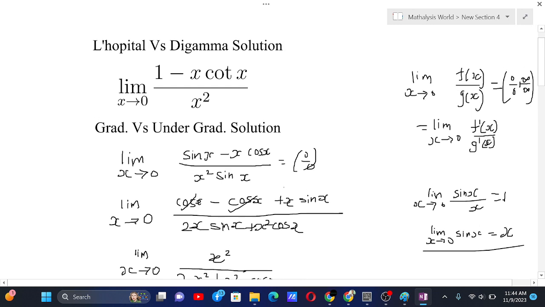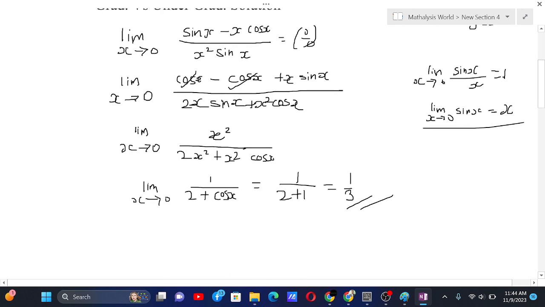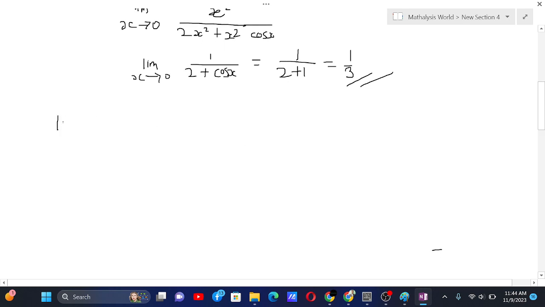The next way is through the digamma function. So we have this limit as x tends to 0 of (1 minus x cot x) by x squared.